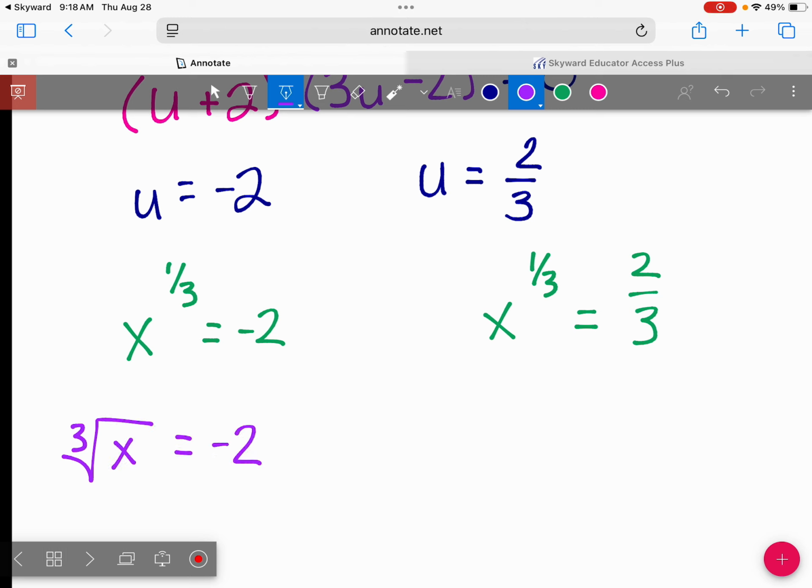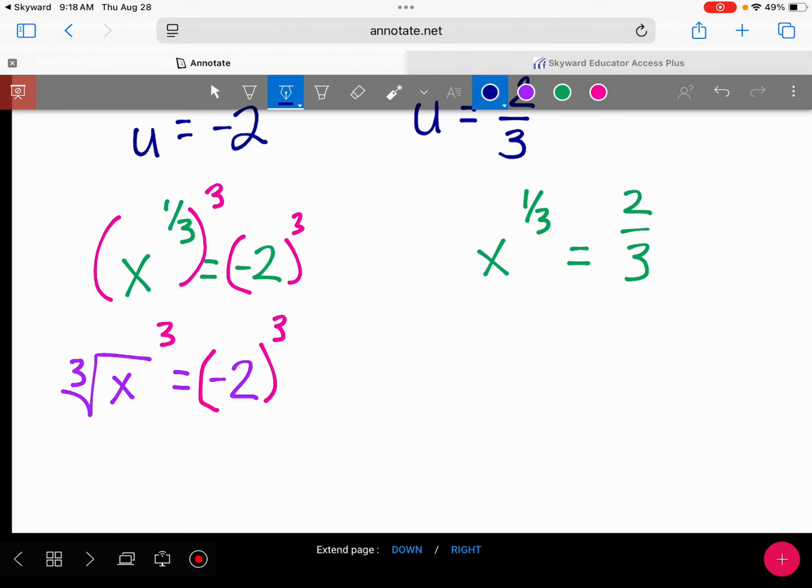So what do we do to get rid of the cube root? Cube it. We raise it to the 3rd power. Also, if you think about it from here, 1/3 times 3 gives us our 1 exponent. So you can do it from the fractions because 1/3 times 3 is 1.